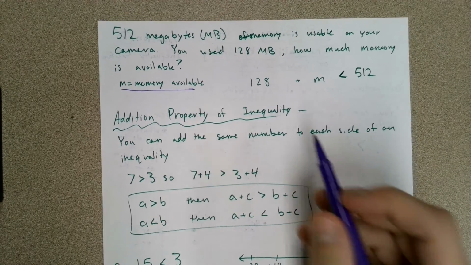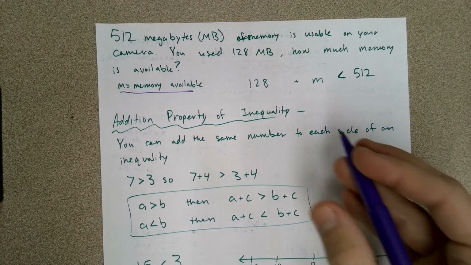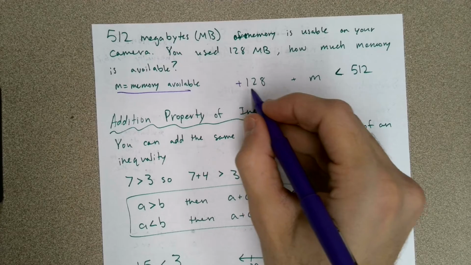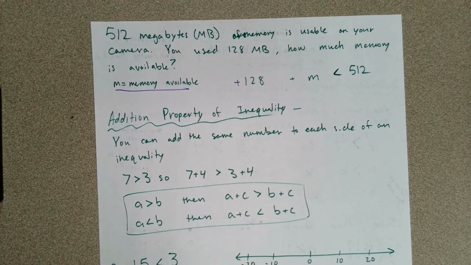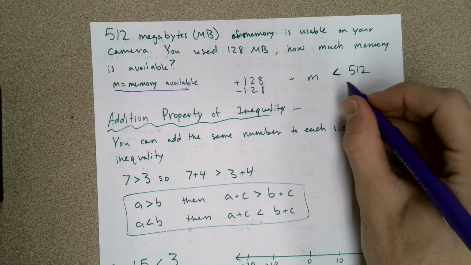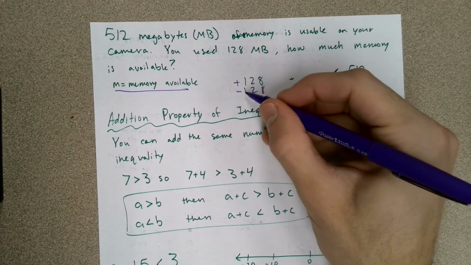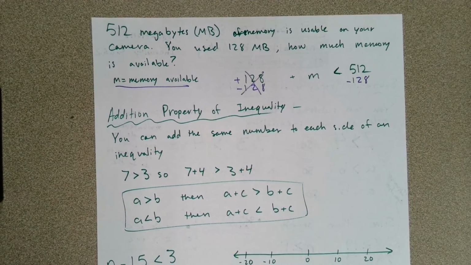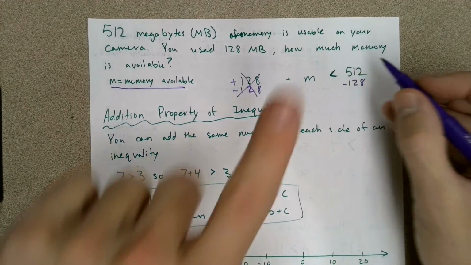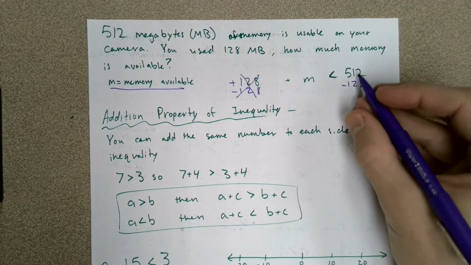Set this up. Our goal is to get the variable by itself, like I said on the last page. How can we do that? We have a positive 128 here. I know the order is swapped. Don't let that confuse you. Minus 128 from this side. Minus 128 from this side. These cancel out. Leaves us with m is less than.